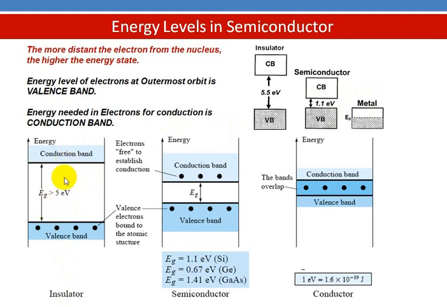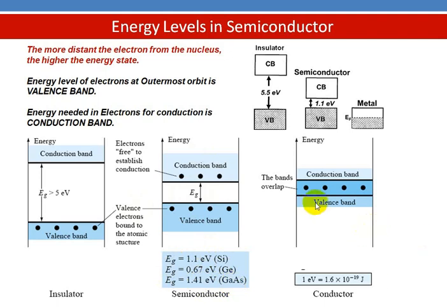So this is for the insulator. You can see that the energy gap is indicated as 5 electron volts. If you want to move electrons from the valence band to the conduction band, the electrons in the conduction band are only responsible for carrying current. So we have to apply energy greater than this 5 electron volts. Similarly for semiconductors, the energy gap is around 1.1 electron volt for silicon, 0.7 electron volt for germanium, and 1.41 electron volt for gallium arsenide.